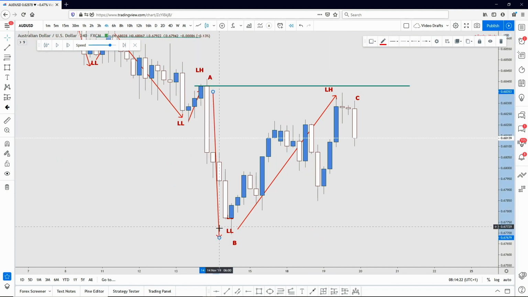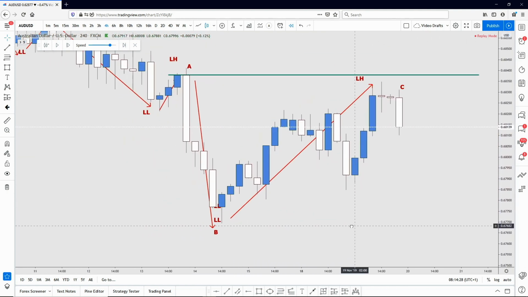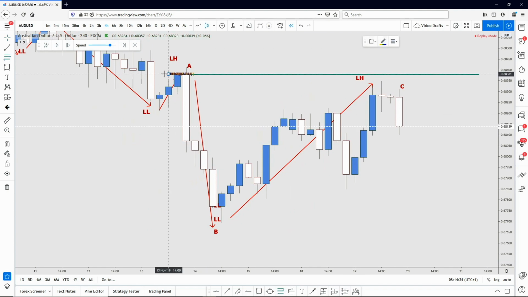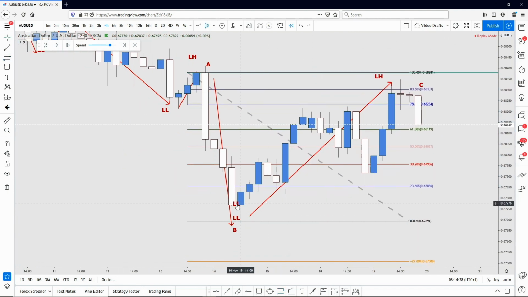We got the push down, the impulse wave push down. This is point B. We're going to draw Fibonacci from point A down to point B. This is the lower low. And let me delete that, I have too many. So lower low, point B.